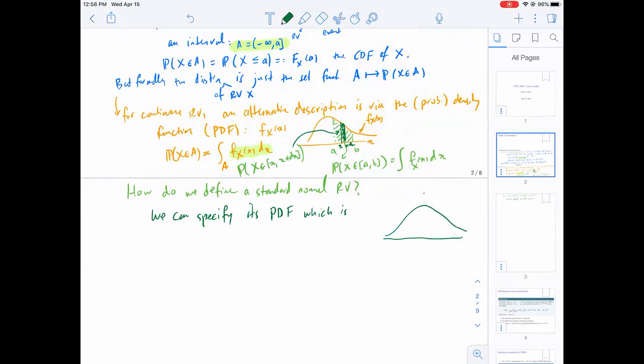The standard normal is basically this density: 1 over root 2 pi, e to the negative x squared over 2. So that's the PDF of a standard normal. It's centered at 0, and if you plot it, it looks like a bell-shaped curve.